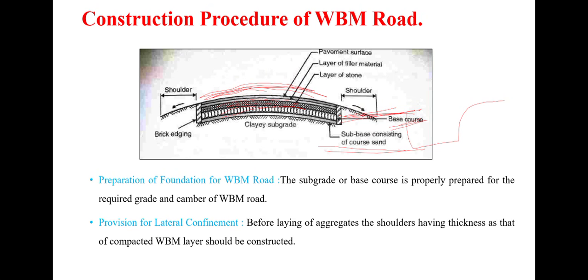They are prepared and rolled so as to retain the road structures between them, and the practice of constructing WBM road in a bench section excavation in the finished formation must be totally discouraged. So this is all about the provision for lateral confinement.